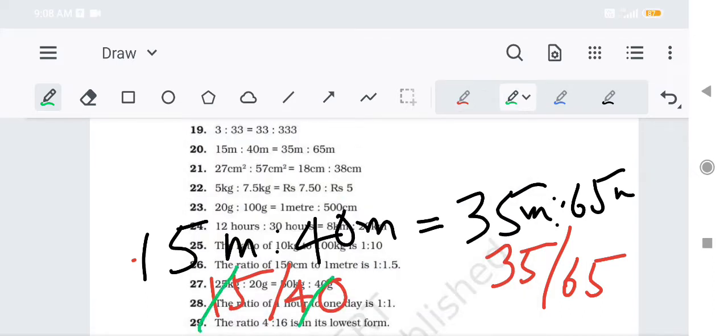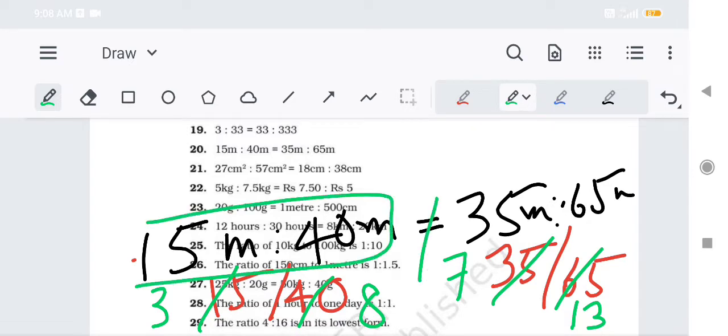So here I am reducing it by 5, so it is coming 3 by 8. Here also we are doing the same thing, reducing it by 5 and we are getting 7 by 13. And from this calculation we can see that these two ratios are not equal. So this statement is not true.